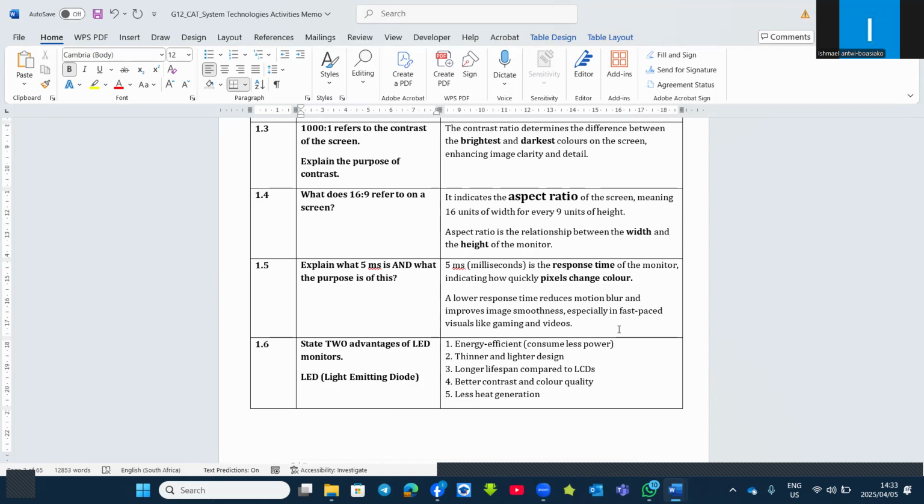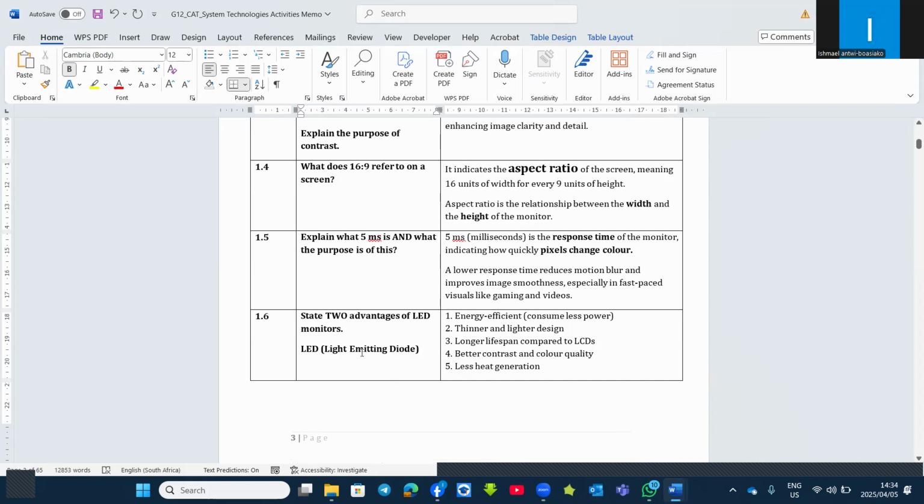If you are asked how the response time can affect the quality, the lower the response time, the better the image smoothness, especially for fast-paced images or visuals on the screen, like in gaming and videos as well. So that is it about the response time.